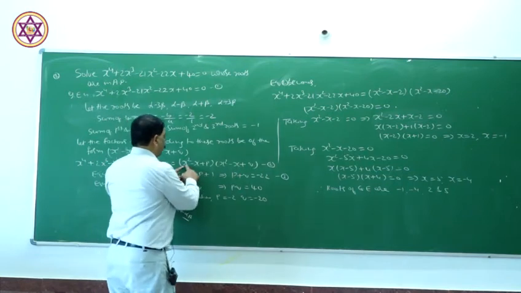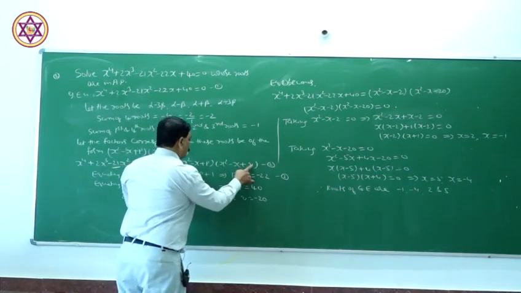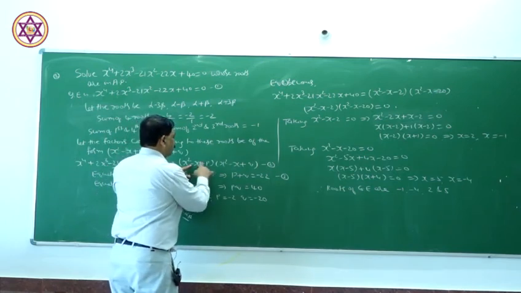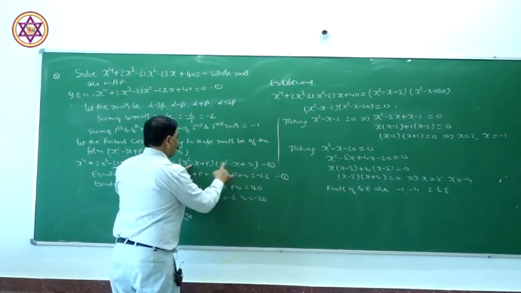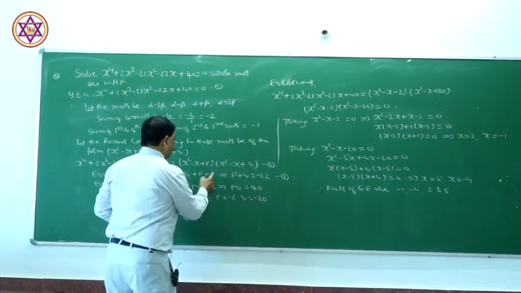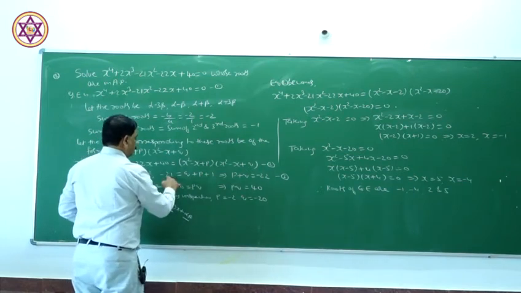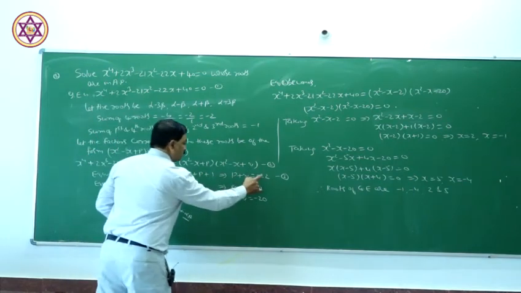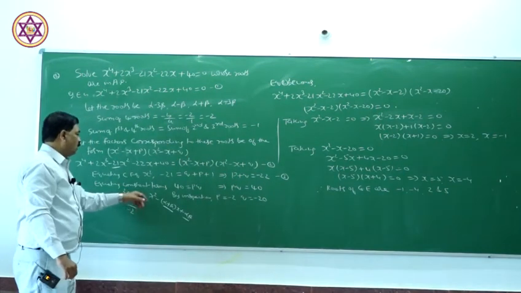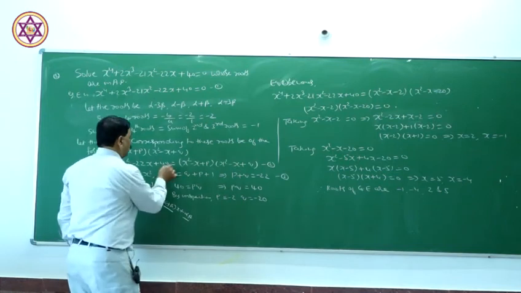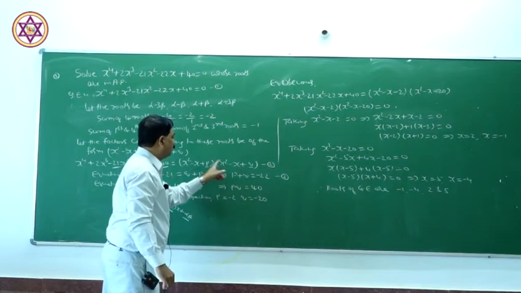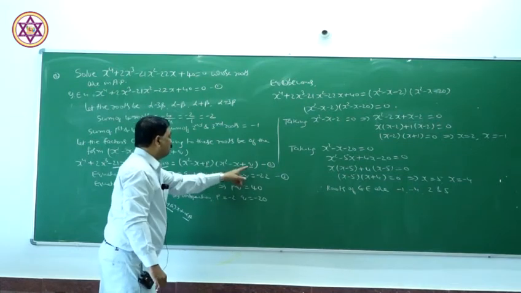Multiplying this out, x squared into q gives q x squared, minus into minus plus x squared gives a coefficient of 1, and p x squared gives p. Transferring the RHS to LHS, minus 21 minus 1 means minus 22, therefore p plus q is equal to minus 22. Equating the constant term, which is 40, pq is the product of the constants, so pq is equal to 40.